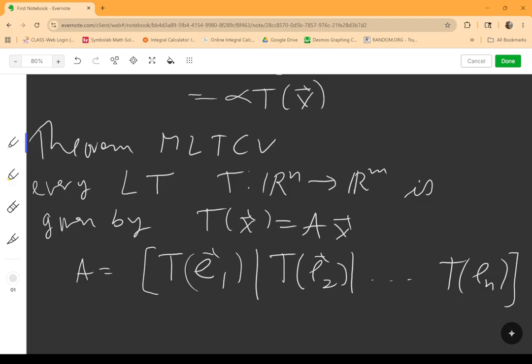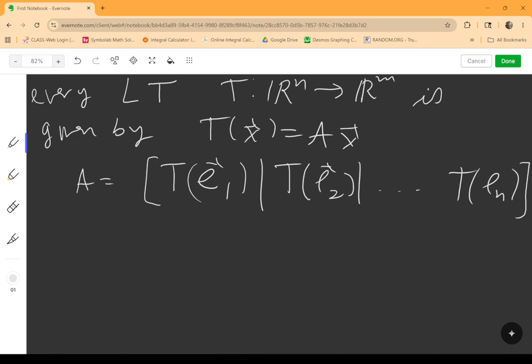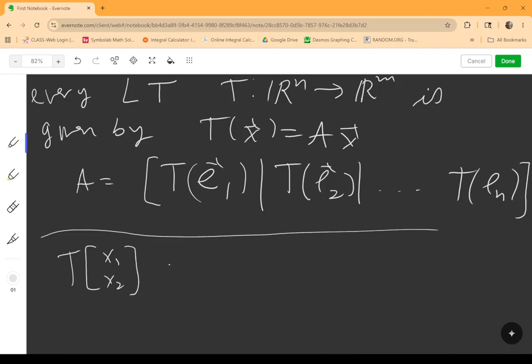Here, let's take a look at another way you can do this. From our previous video, we defined the linear transformation T of x1, x2 to be x1 plus x2, x1 minus x2, 2 x1.